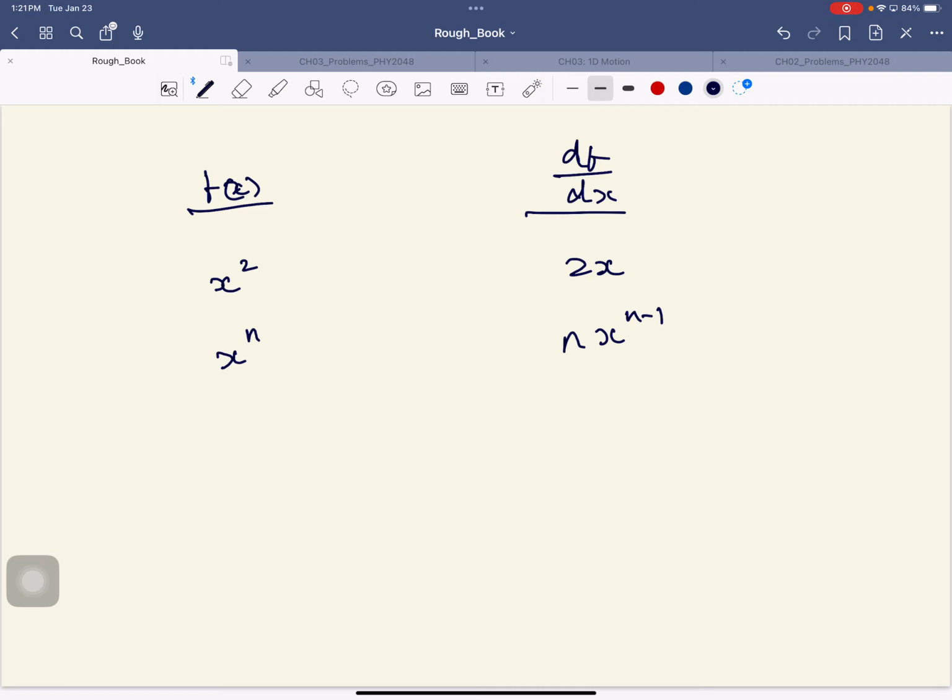Derivative of e to the x, here's a very special function. e to the x. Very good. That's the only function whose derivative is itself. Log x, 1 over x. Sine x, cosine x. All right, so you guys are all experts now.